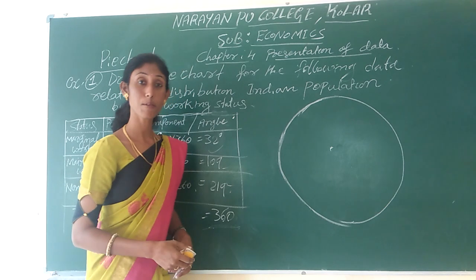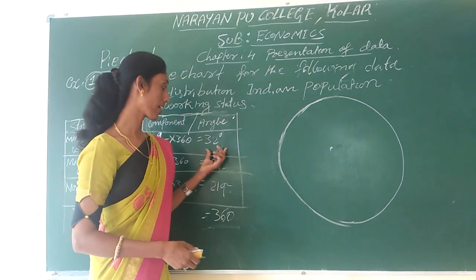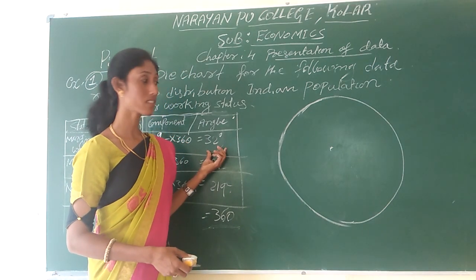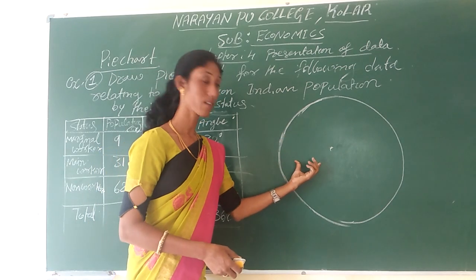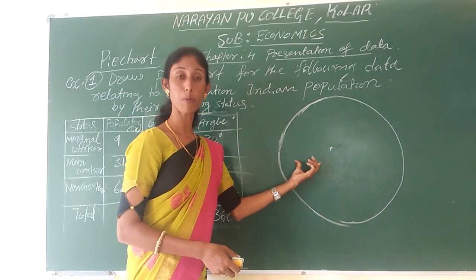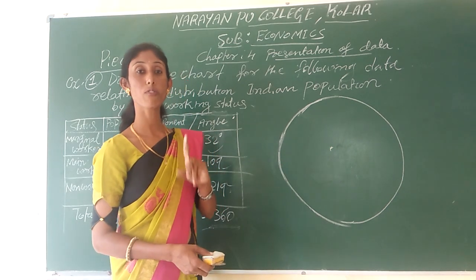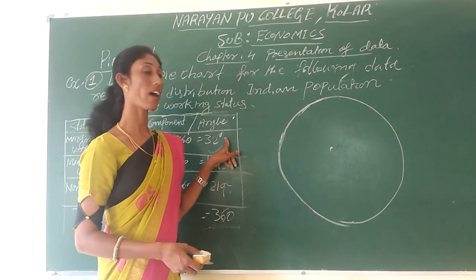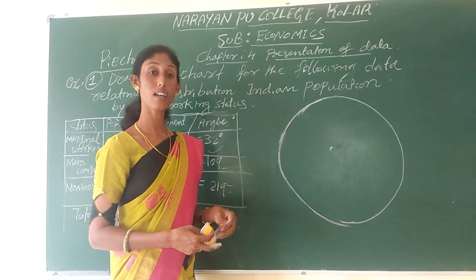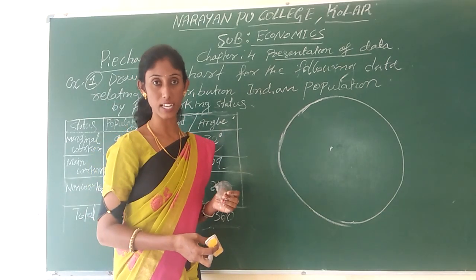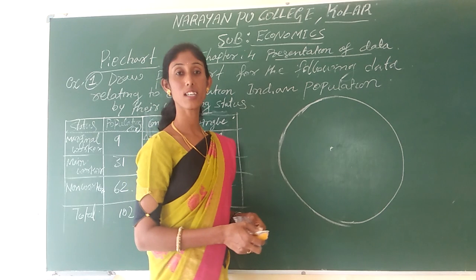And the third step is, after finding the angle sizes and after getting a circle in an appropriate size, we need to mark the angles by using the protractor. Now come to the third step.